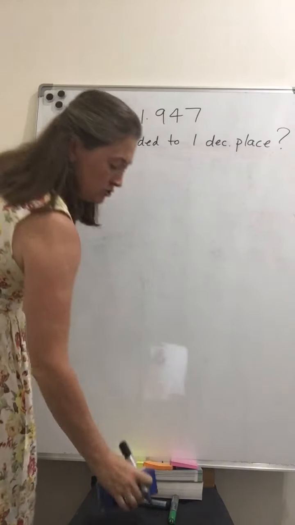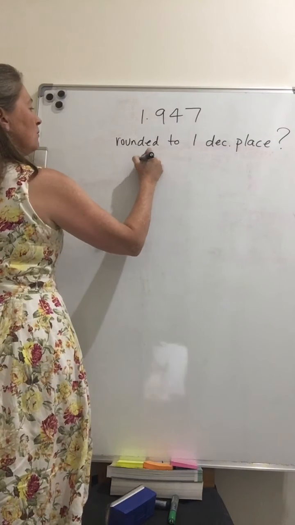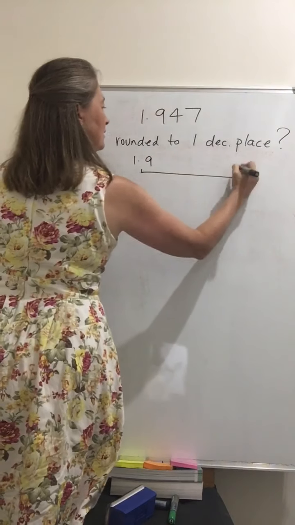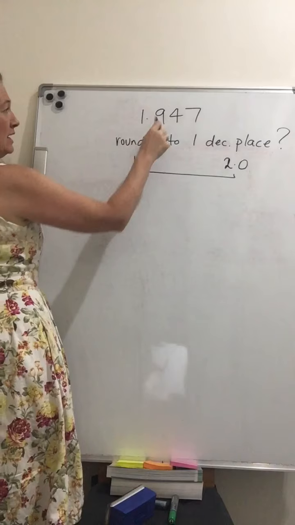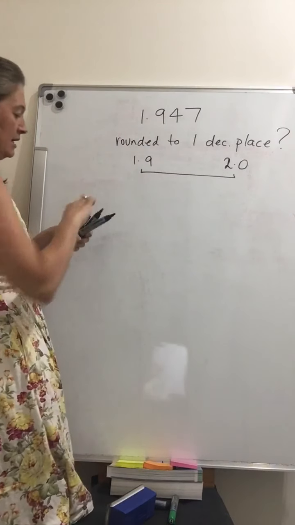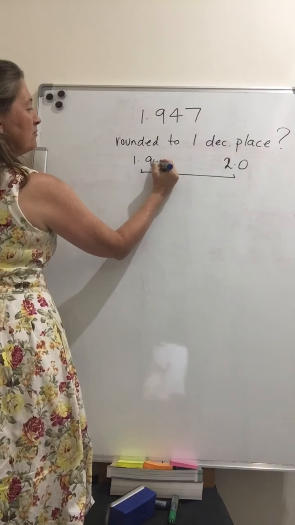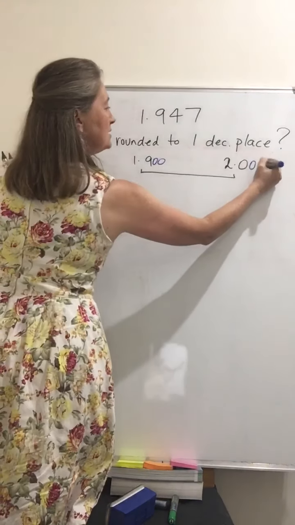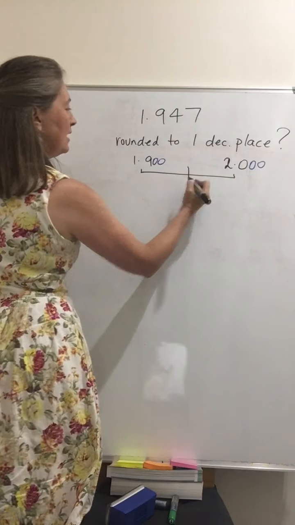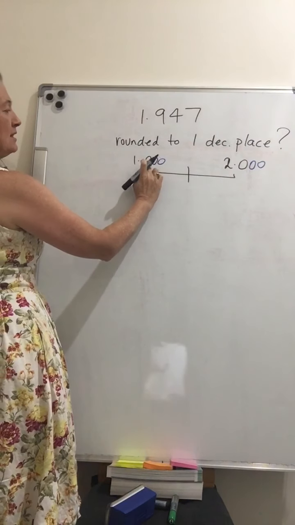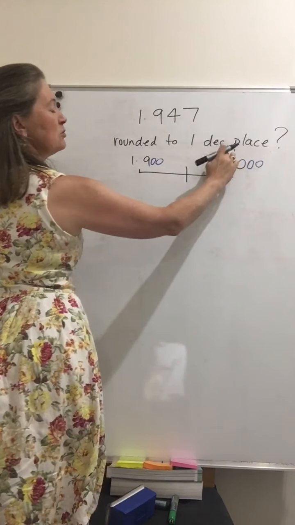We can think of it in 2 different ways. We can say, all right, is it between 1.9 and 2.0? Well, it is between 1.9 and 2.0. It's somewhere in there, because again, if we put it to 3 decimal places, what's halfway? Halfway between this 900, but then this is actually 1,000, which has brought it up to another one.